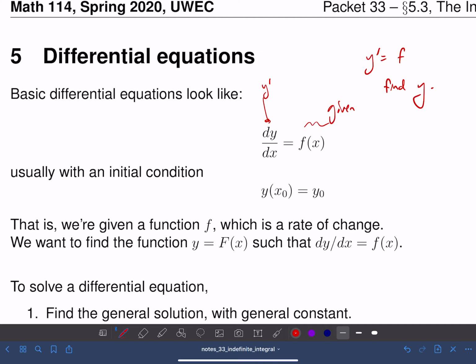And then oftentimes these are going to be paired with an initial condition, a statement like y of x naught equals y naught. That statement right there fixes my constant of integration.